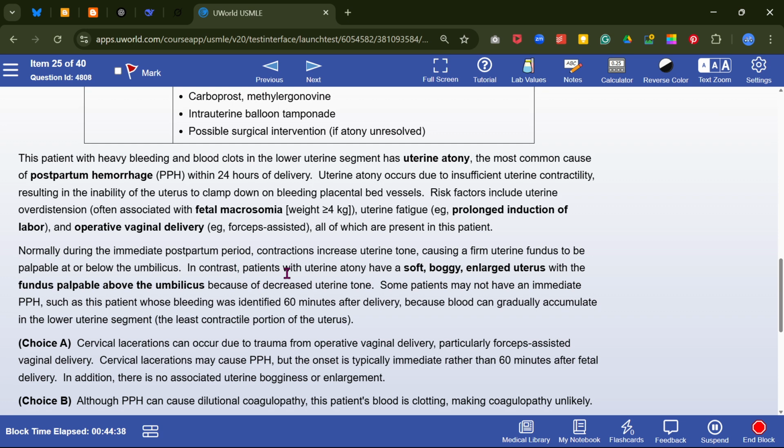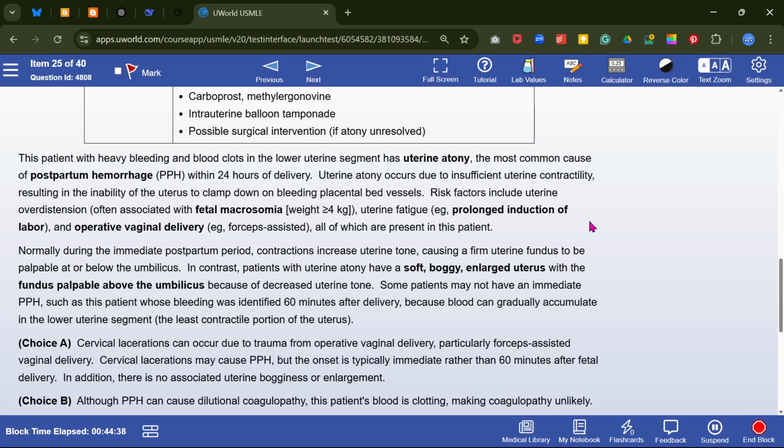Normally, during the immediate postpartum period, contractions increase uterine tone, causing a firm uterine fundus to be palpable at or below the umbilicus. In contrast, patients with uterine atony have a soft, boggy, enlarged uterus with the fundus palpable above the umbilicus.